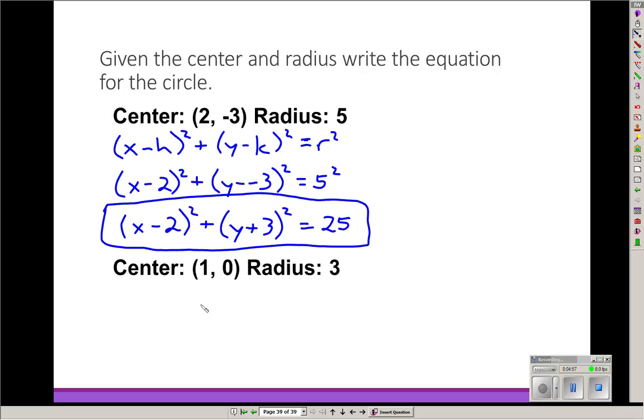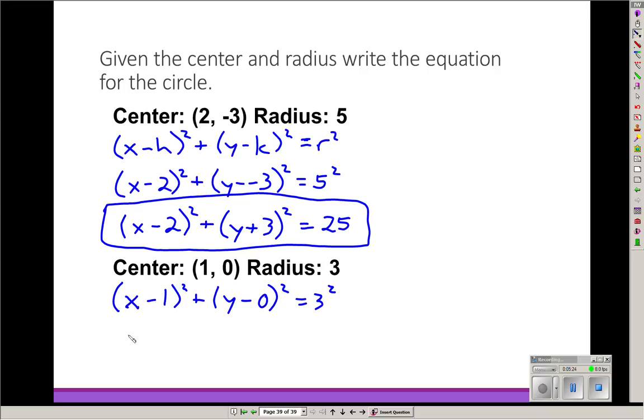For the next one, same thing. Center is 1, 0. Radius is 3. (x minus h), h is 1, plus (y minus k), k is 0. And then r squared, r is 3.